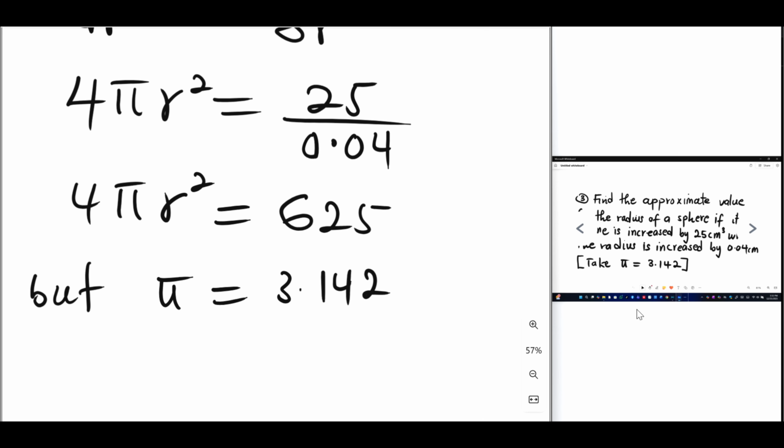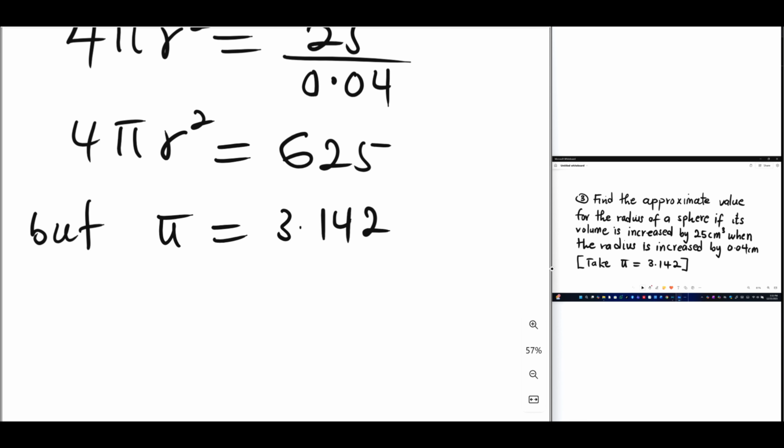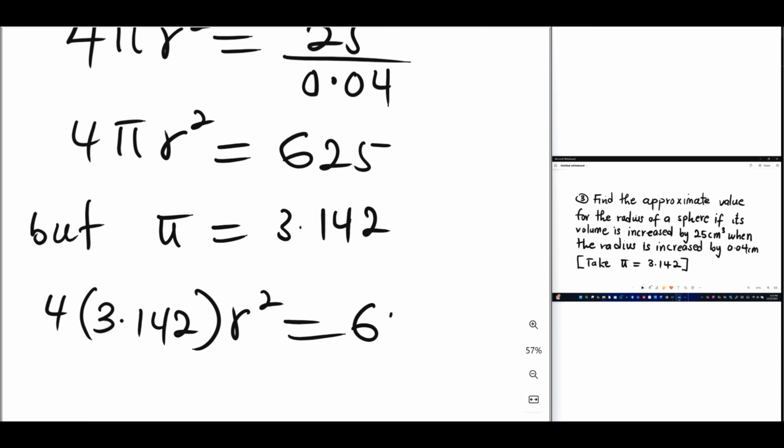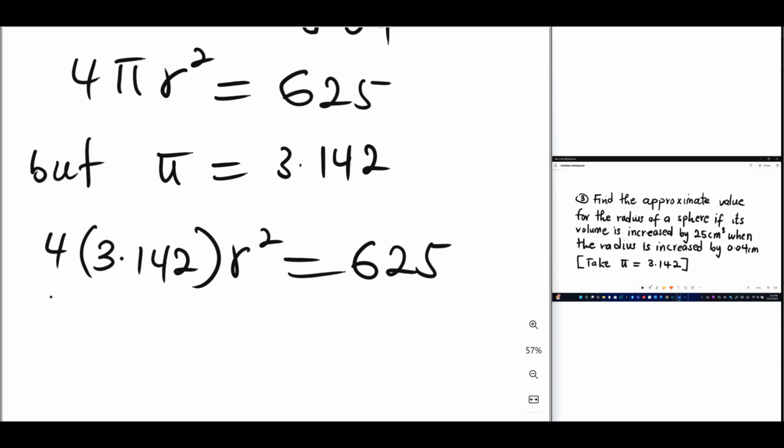In this case, you are not given the initial radius. So we are to find the approximate value for the radius of the given sphere, that is the initial radius. So we are to make r the subject. We plug in the value of pi: 4 multiplying 3.142, then r squared equals 625.